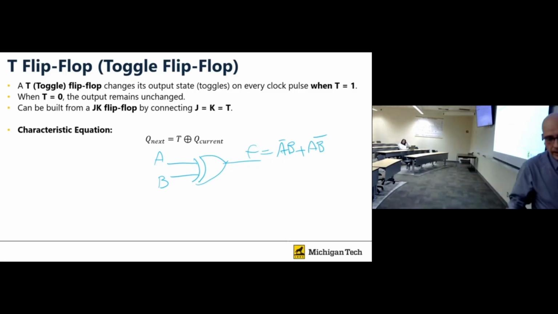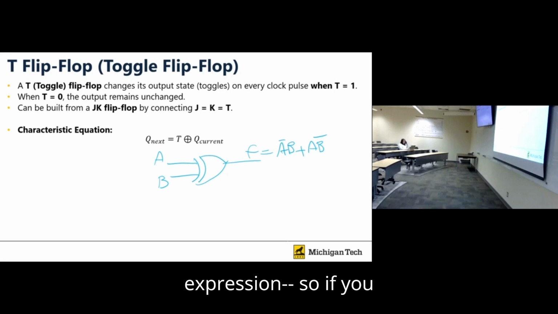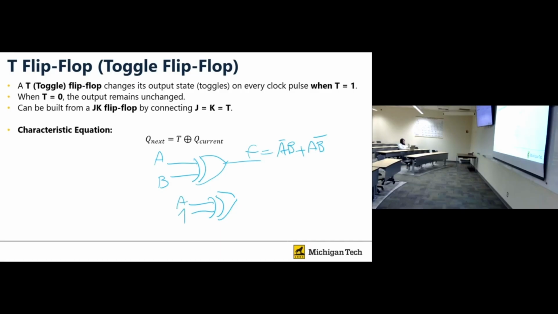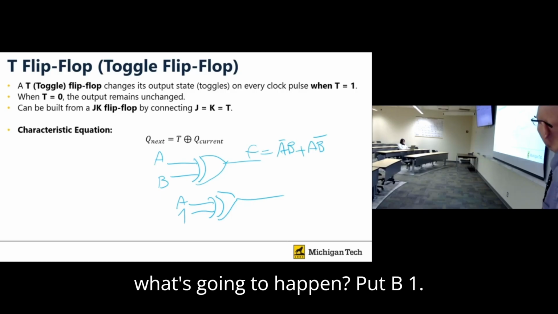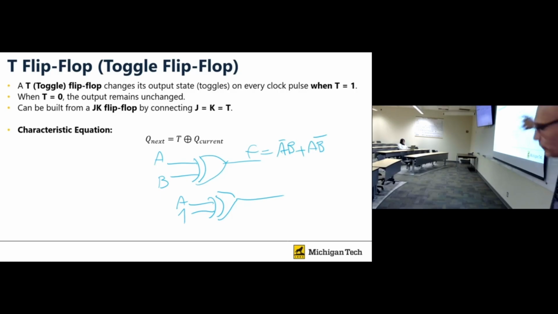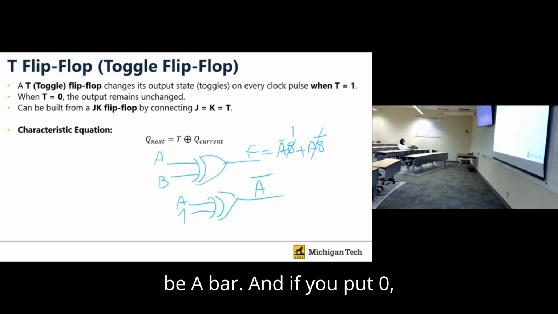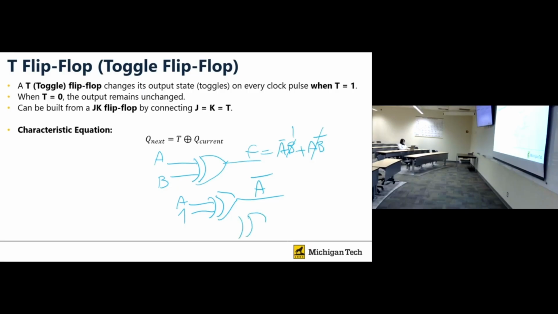Okay, in this expression, if you XOR something like A with 1, what's going to happen? Put B as 1. If you put B as 1, this is 1, so this is 0, and the result is going to be A bar. So it's a toggle. And if you put 0, it's going to be the same.